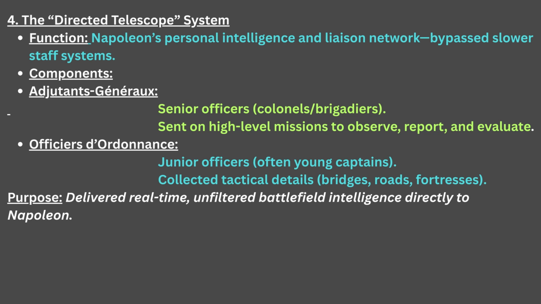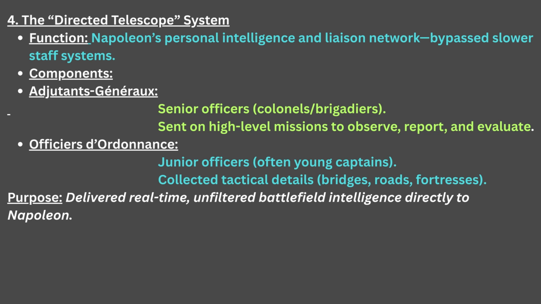Who were these officers? Two main types of officers worked under this system. 1. Adjutants généraux. These were senior officers, colonels or brigadiers. Napoleon sent them on high-level missions to observe entire units, evaluate battlefield conditions, or check on distant operations. 2. Officiers d'ordonnance.